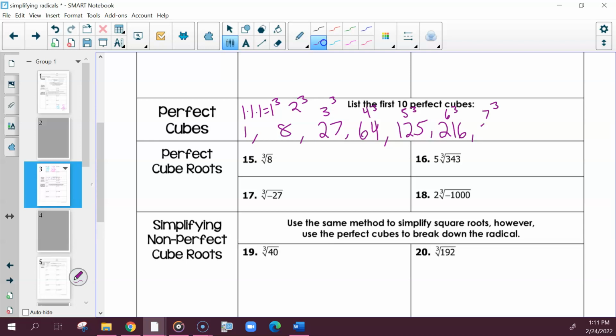No, it's 343. 8 to the third is 512. And 9 to the third is 729. And then 10 to the third is 1,000.